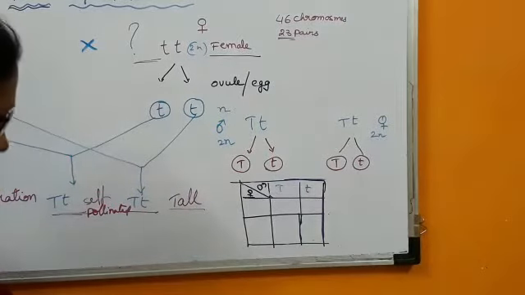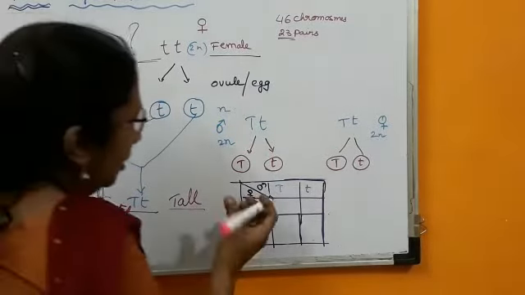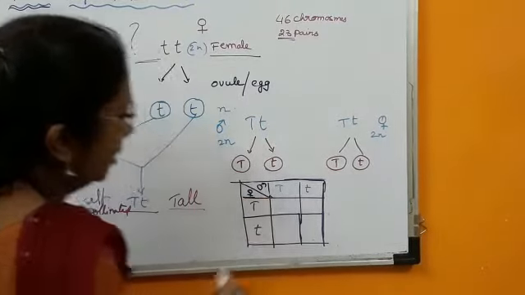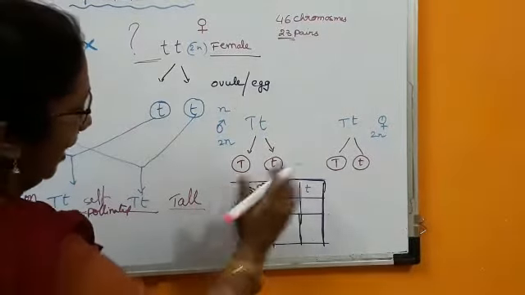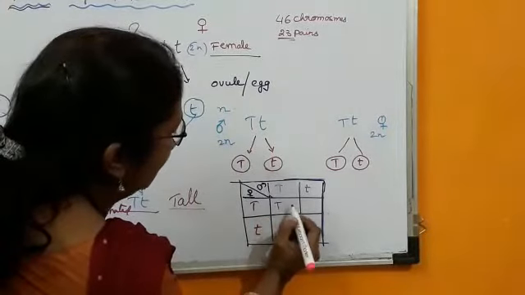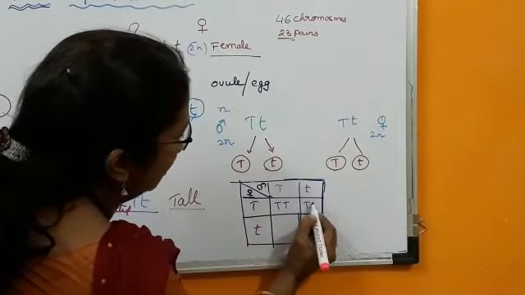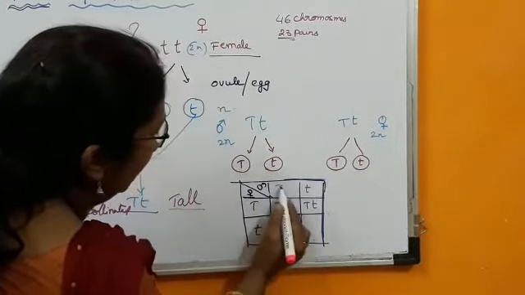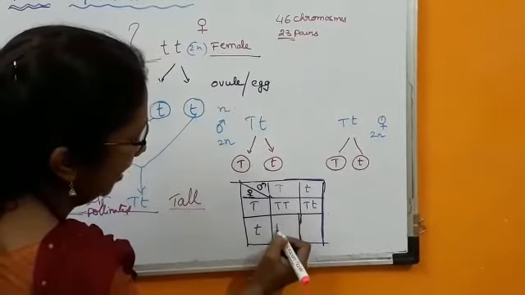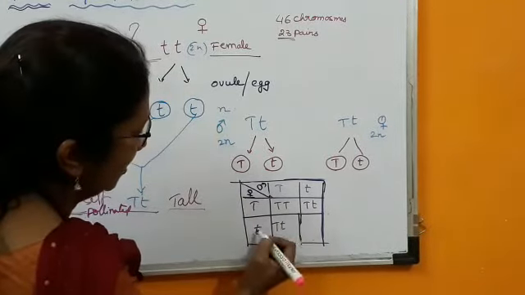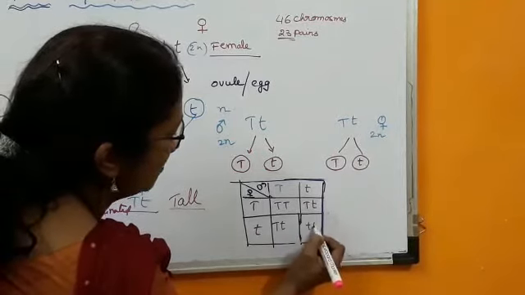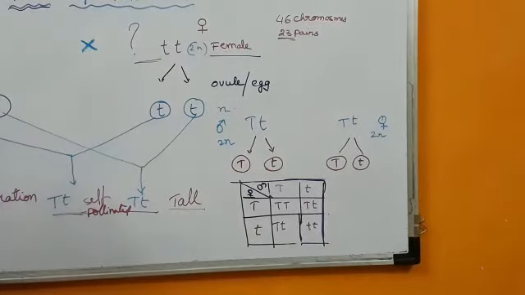Capital T, small t. So, both you add and write. Now, capital T, capital T, capital T, small t. Now, here capital T, small t is there. Always we have to write capital T first. Capital T, small t and small t, small t. Okay.